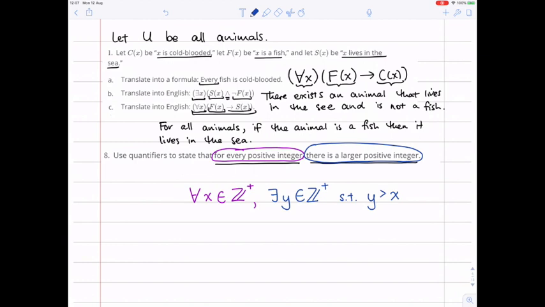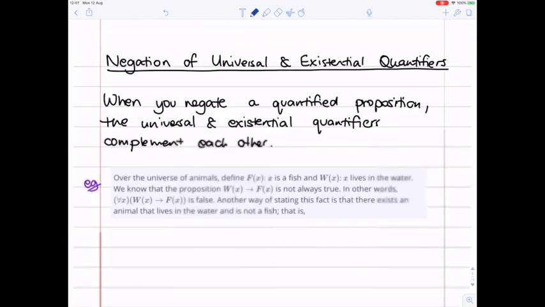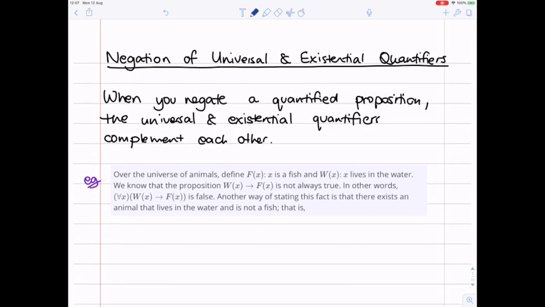So we can start building up sentences that include both universal and existential quantifiers. We'll come back to that in a moment, but we're going to start by thinking about how we negate universal and existential quantifiers. It turns out that they're actually complements of each other.